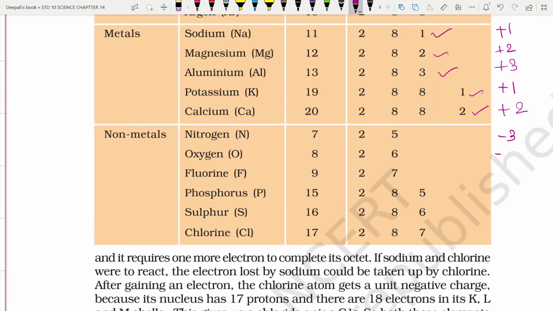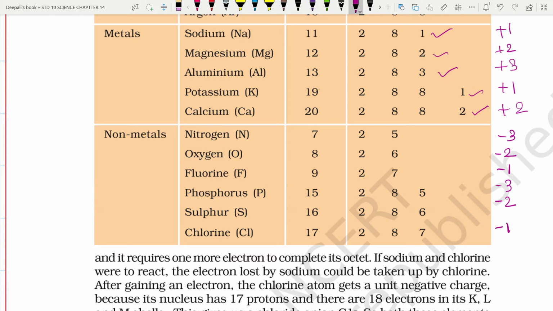Oxygen, atomic number 8, 2 and 6, so minus 2. Fluorine 9, so 2 and 7, that is minus 1. Phosphorus 15, 2, 8, 5, minus 3. Sulfur 16, 2, 8, 6, minus 2. Chlorine 17, 2, 8, 7, minus 1.